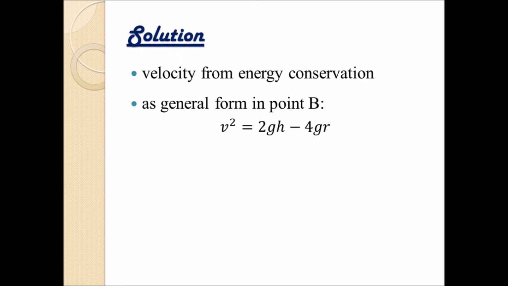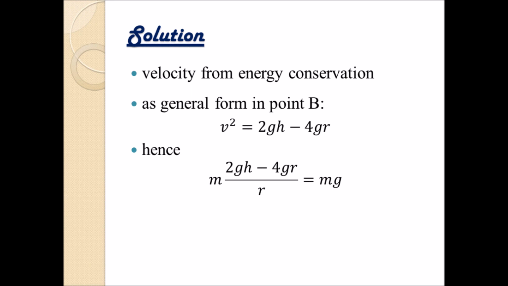This is exactly what we want to calculate. So let's take v squared and put it in our equation of forces, and what we get is shown here. We've got on the left-hand side mass m multiplied with 2gh minus 4gr, divided of course by the radius r, and on the right-hand side we've got the product of mass m and gravitational constant g.